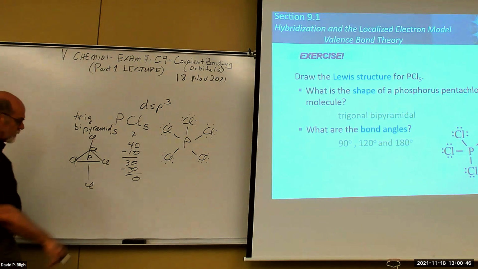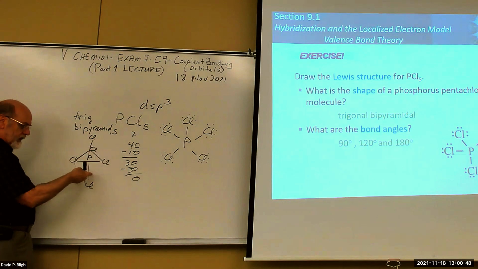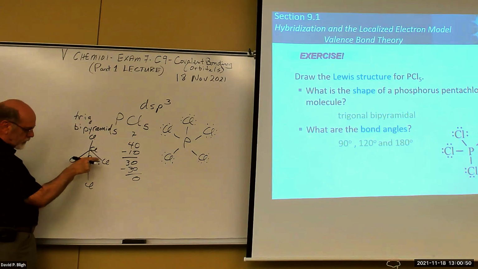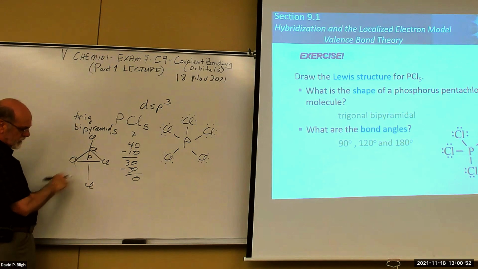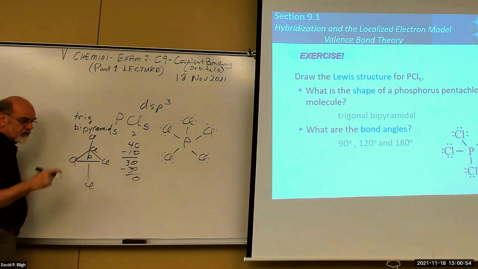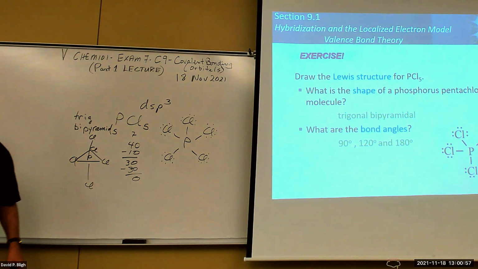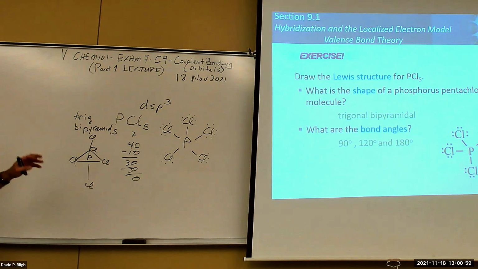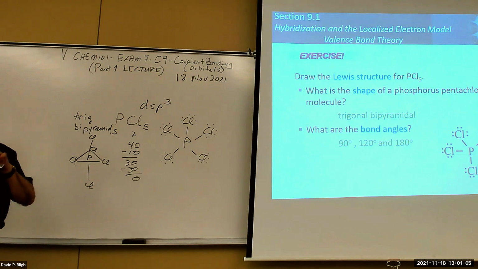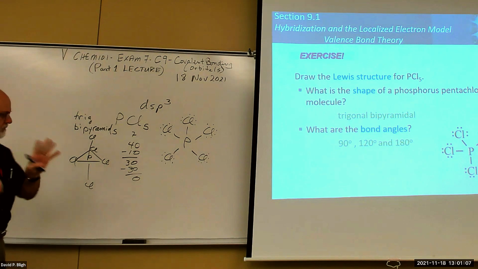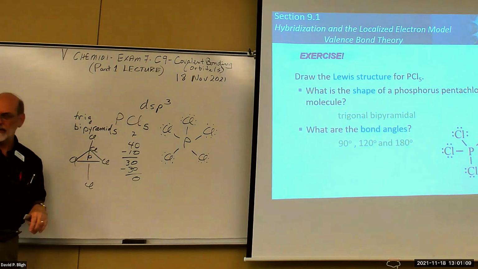Oh, and bond angles, right? You can have 180 here. You can have 120 around the triangle, but between this chlorine and that chlorine is the 90 degree. So this one's a little problematic. Earlier with the trigonal planar and the tetrahedral, those hybridized orbitals were all equivalent and spaced properly.